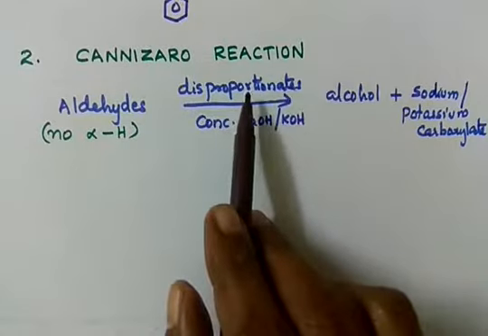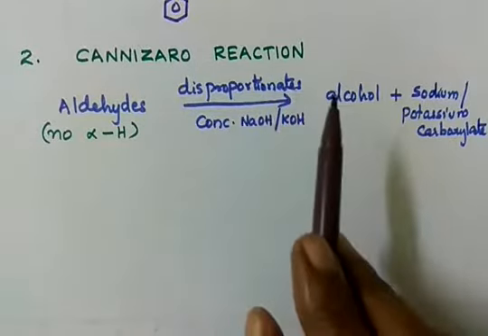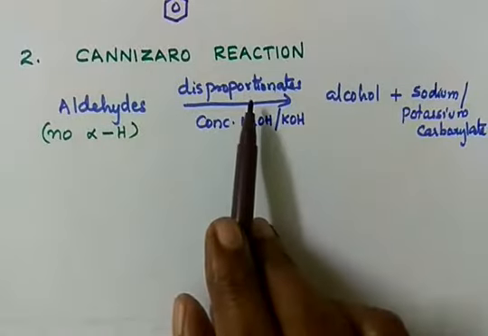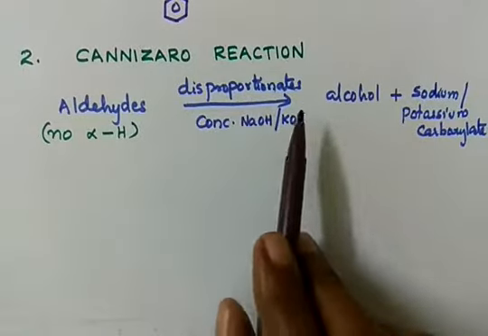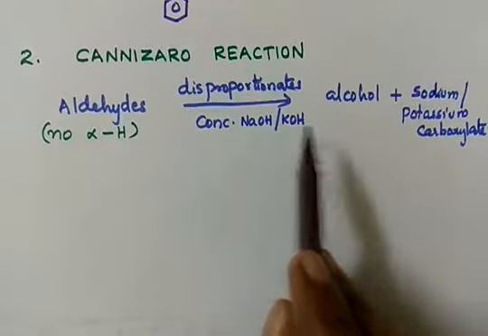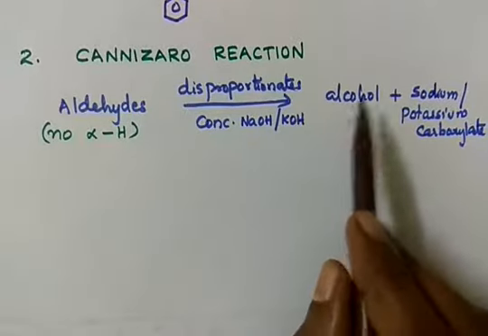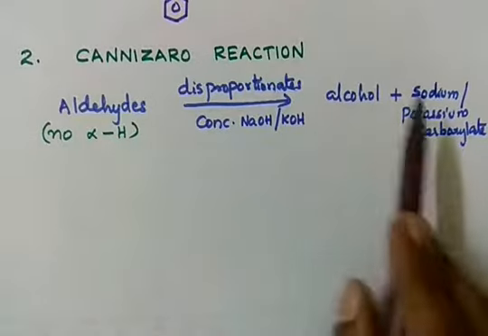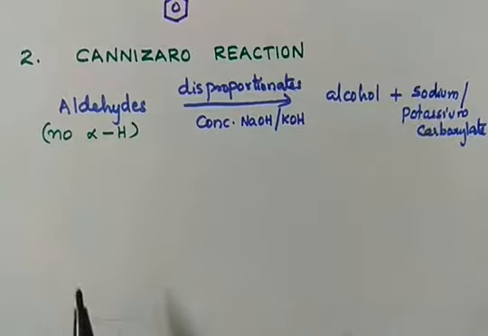That is, it undergoes oxidation and reduction simultaneously. So aldehydes undergo oxidation and reduction in presence of concentrated NaOH or KOH. Aldehydes on reduction give alcohol and on oxidation give sodium or potassium salt of carboxylic acid. This reaction is called a Cannizzaro reaction.